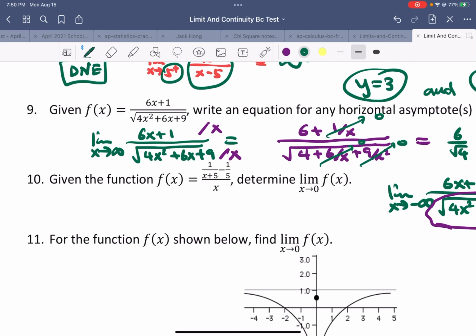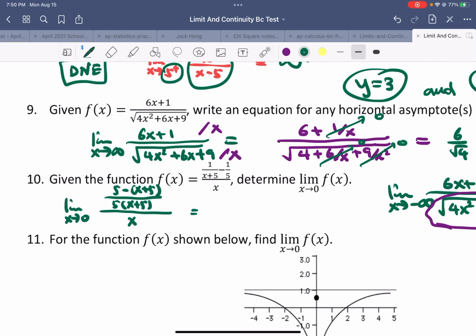That one could be really complicated. So what I'm going to do is manipulate the given function. So let's do that. Limit as x approaches 0. For those two fractions in the numerator, if you have a common denominator, 5 times x plus 5, and then 5 minus x plus 5, and all over x.